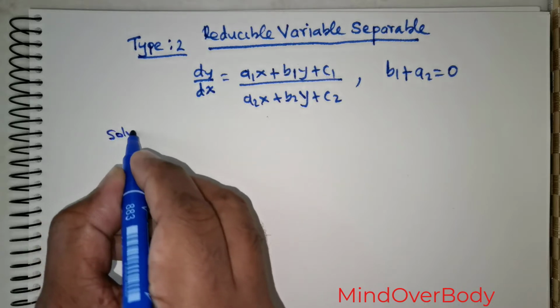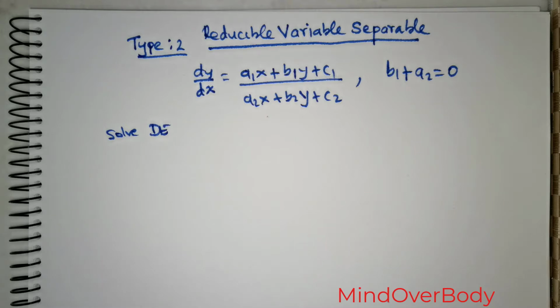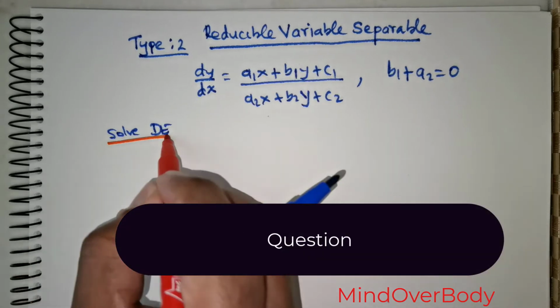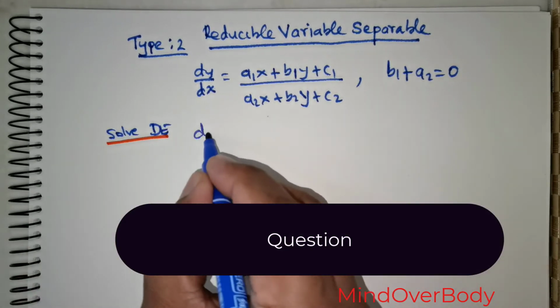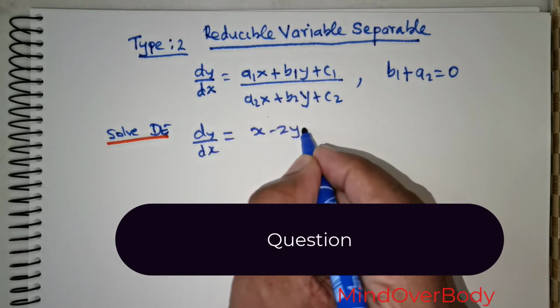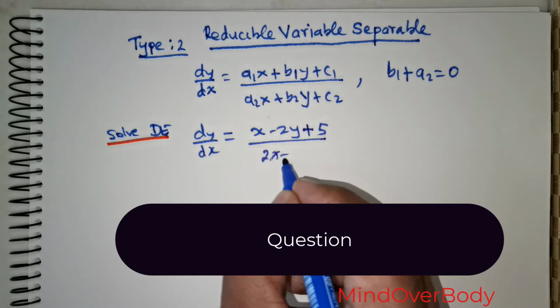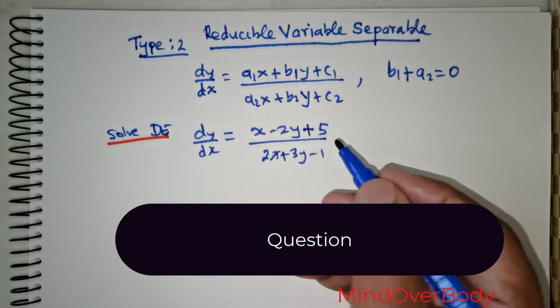So I've got this question: solve the differential equation which is of the form dy over dx is equal to (x - 2y + 5) divided by (2x + 3y - 1).